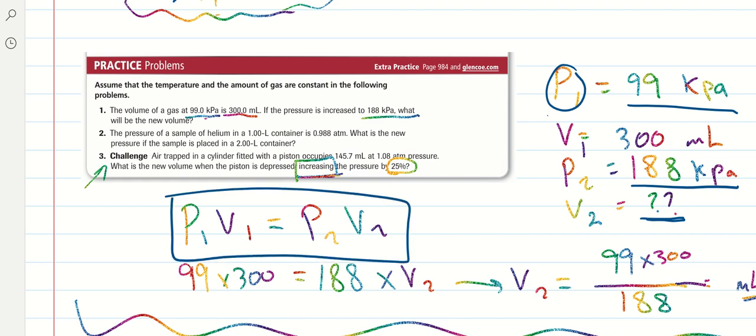Simple, just substitution. Put your formula, substitute P1 V1 equals P2 V2, and to calculate V2 you have to multiply 99 times 300 divided by 188. The unit should be the same unit. We will not convert here. We're going to use exactly the same unit.